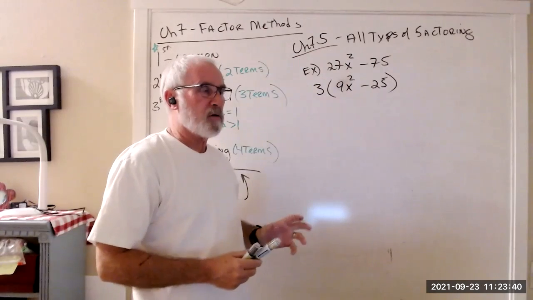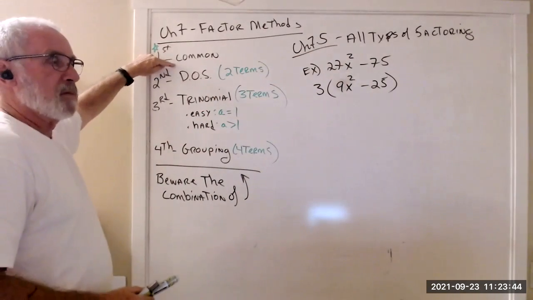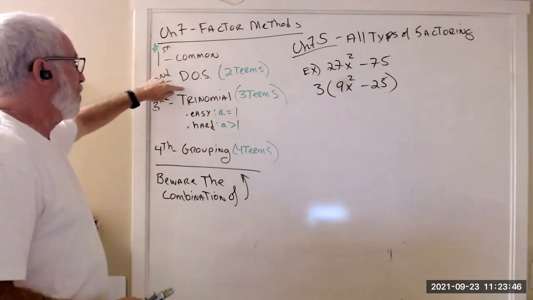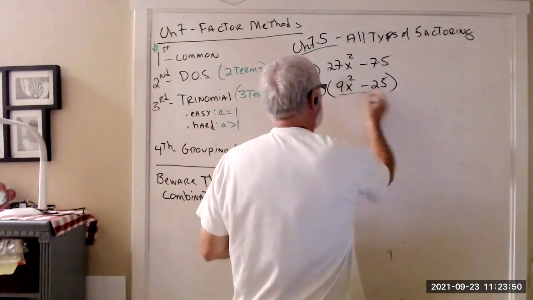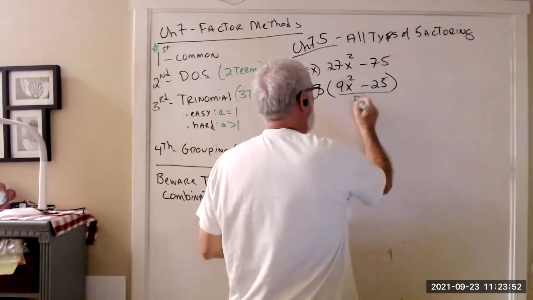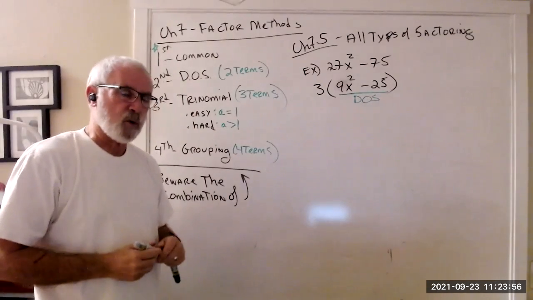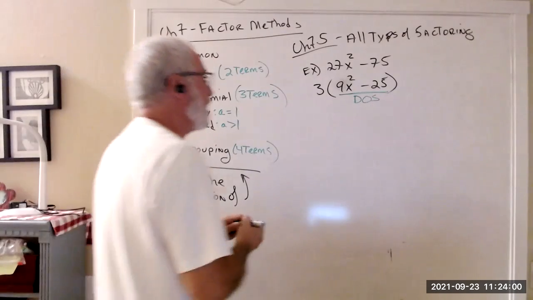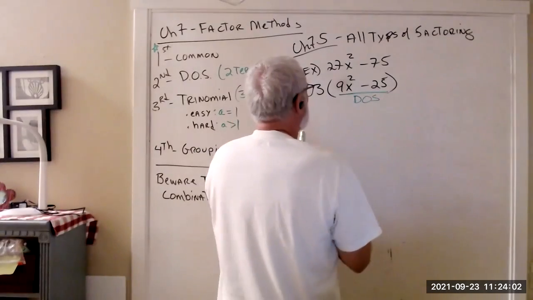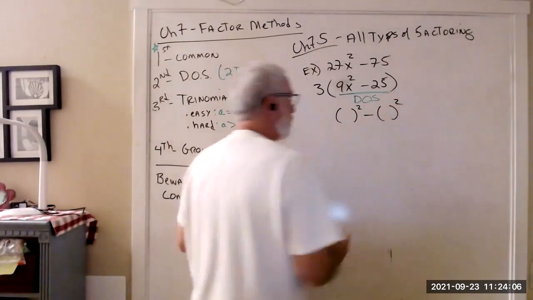Now I've done what they have in common. But now I go, hey, wait a minute, look at this. Is this a dose problem? Is this a difference of 2 squares? Can I write this as somebody squared minus somebody squared?